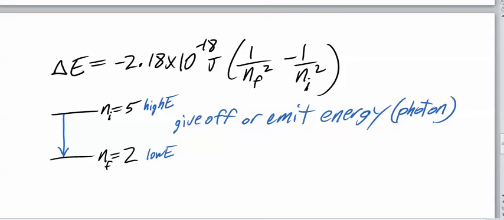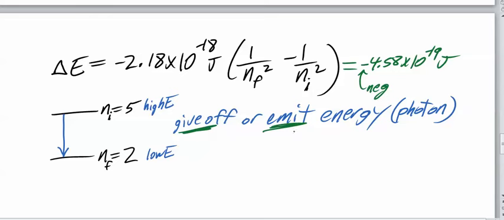And if we plugged in 5 and 2 into our equation, we would find that the change in energy is negative 4.58 times 10 to the negative 19 joules. It spit out that energy, and the fact that it's given off is represented by the negative sign. So if you give off energy or emit it, that change is going to have a negative sign.